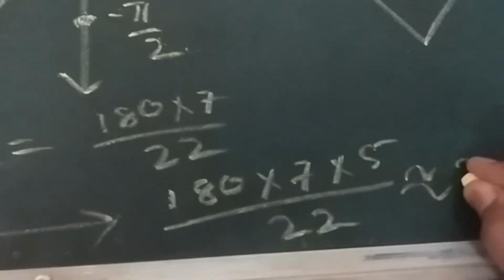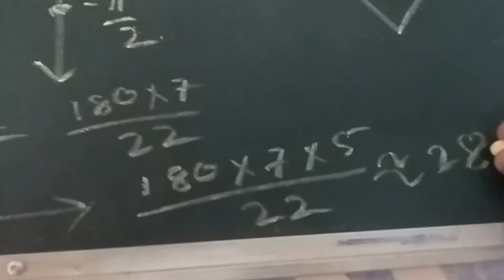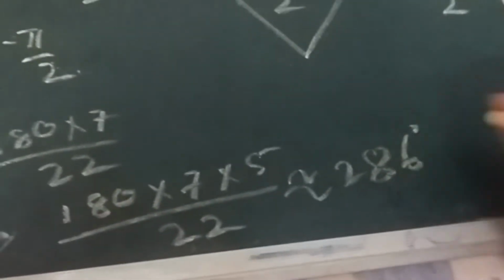So I am getting this one, 286.36. So approximately it will be 286 degree. Okay, 286 degree, because 286.3636 like that.